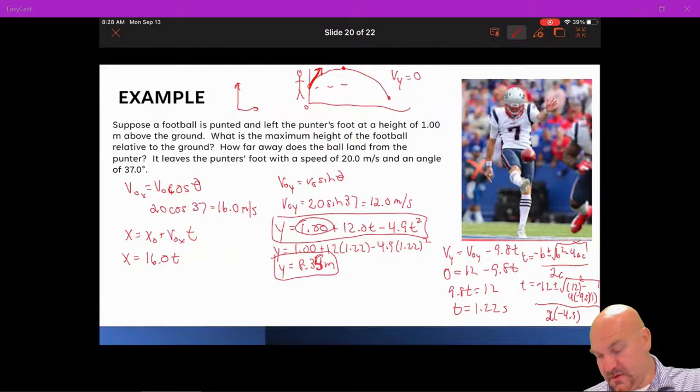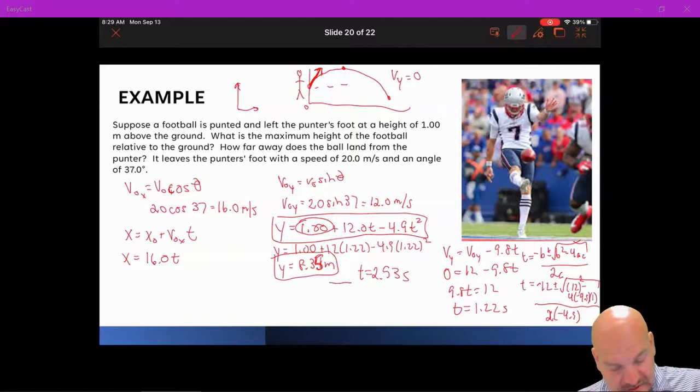Graph it. I have to hit zoom. Okay, so it's giving me a root. So it's going to take 2.53 seconds to get to the ground.